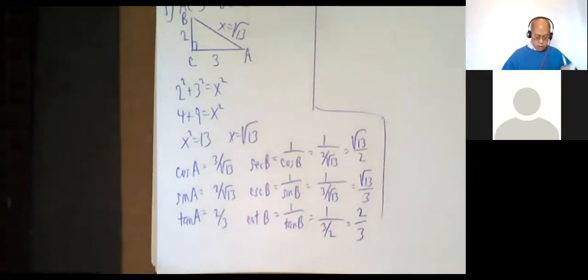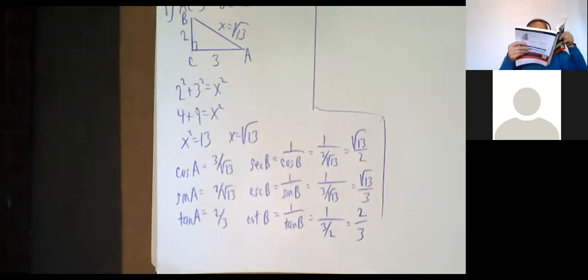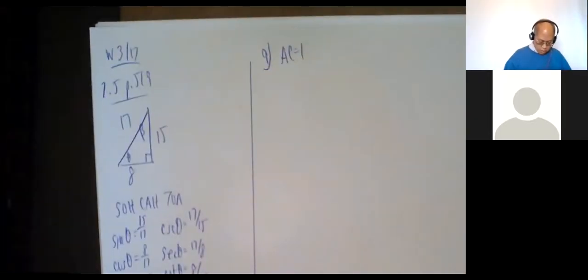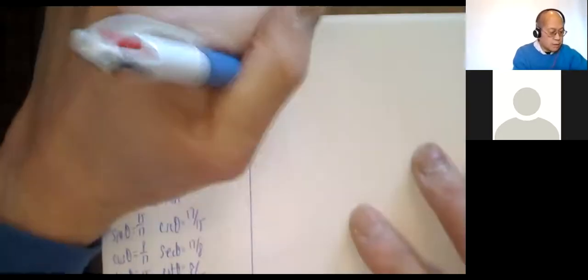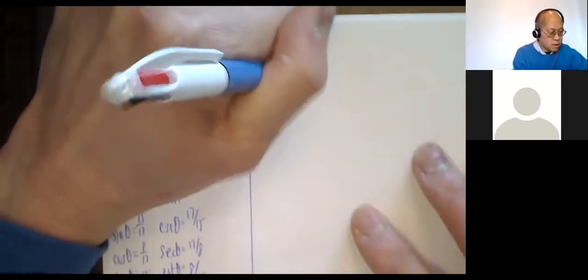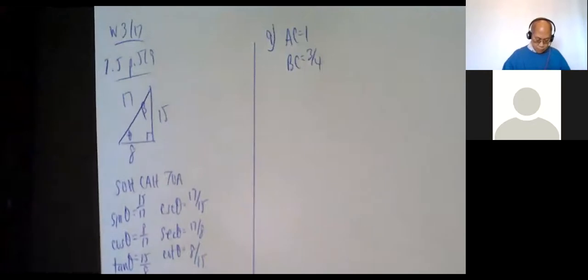Okay, problem number 9, I'm guessing is similar. AC is 1, BC is 3/4. All right, and you still have angle C as a 90-degree angle.